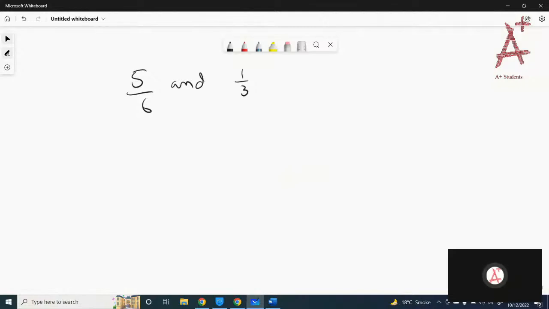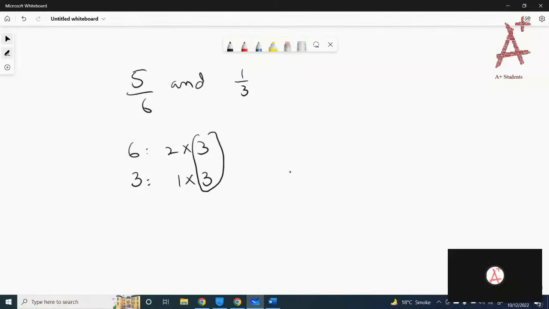The least common denominator for 3 and 6 is 6. Write the prime factors for 6 and 3. 2 times 3 is 6 and 1 times 3 is 3. 3 is a common factor.